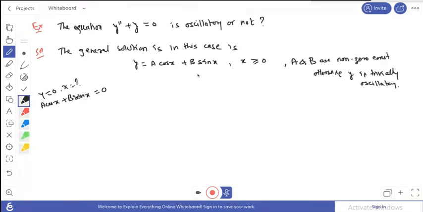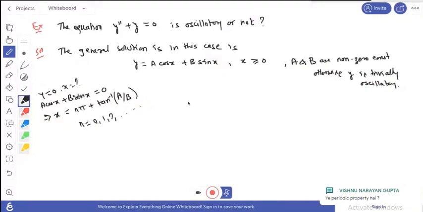So x equals n pi plus tan inverse b by a, where n equals 0, 1, 2, and so on.